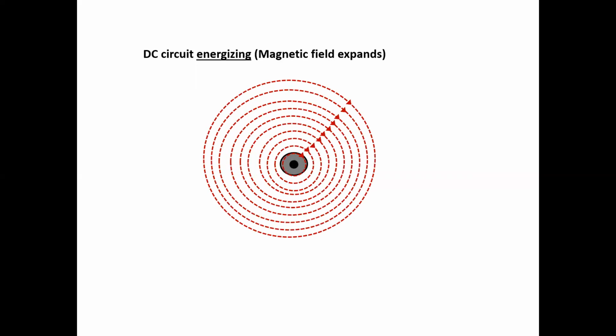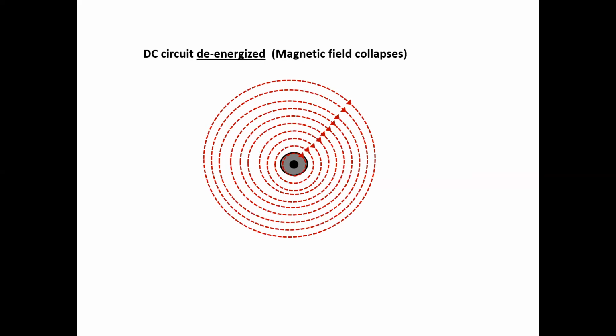The magnetic field will expand. Once it's reached its full value of current, we would say the DC circuit was fully energized, and the magnetic field would remain static. And the reason it would stay static is because the current value within the circuit has not changed. It's going to remain at that steady value because it is direct current.